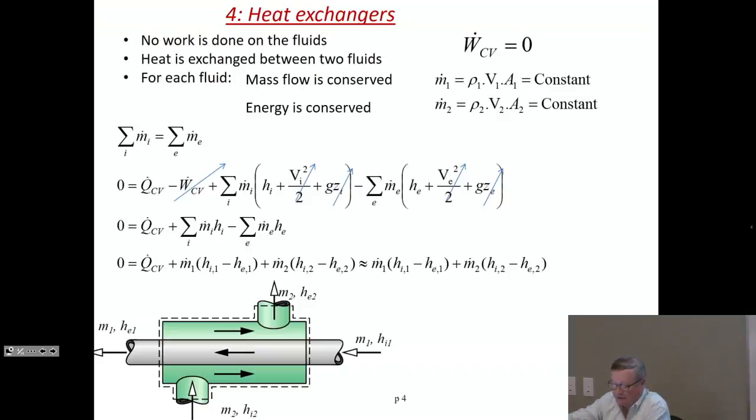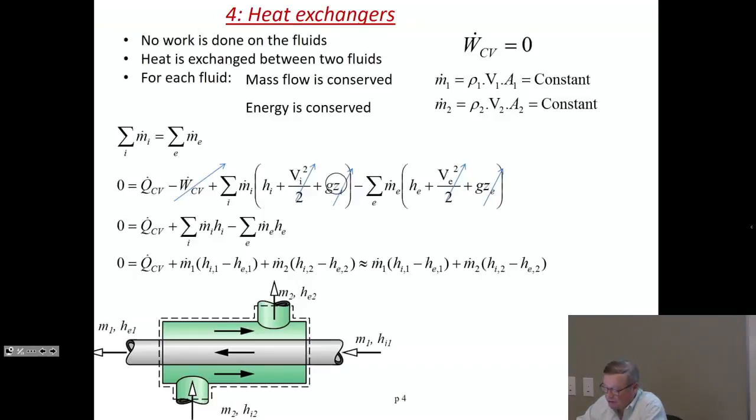All right, so then we go back to our equation for the energy, conservation of energy, and we will see that we have no work, as I just said. Heat is, of course, what this whole thing is about, and then we are going to see that there is no change in fluid velocities in the first fluid or in the second fluid. So we are not going to have any change in kinetic energies.